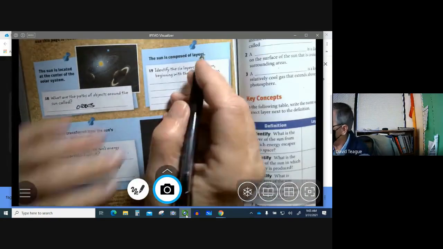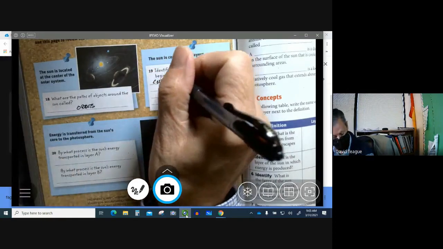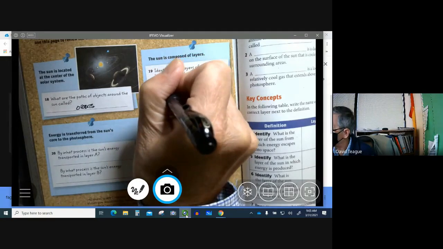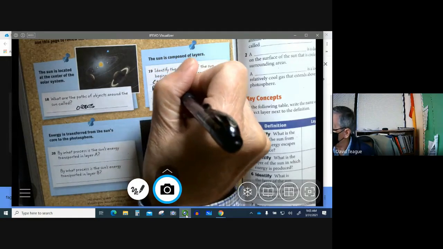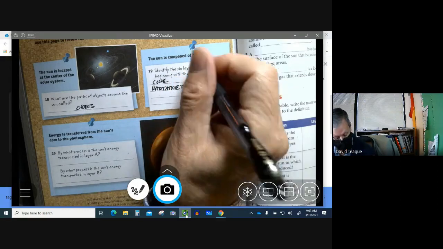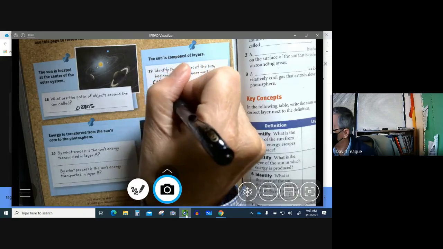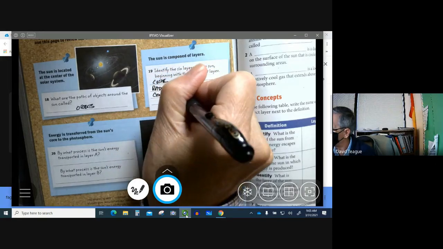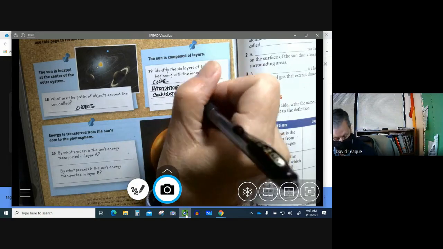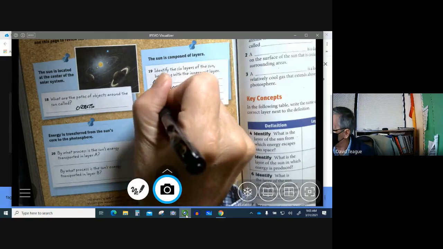Okay, so you have the core. You have the radiative zone. You have the convective zone. You have the photosphere.